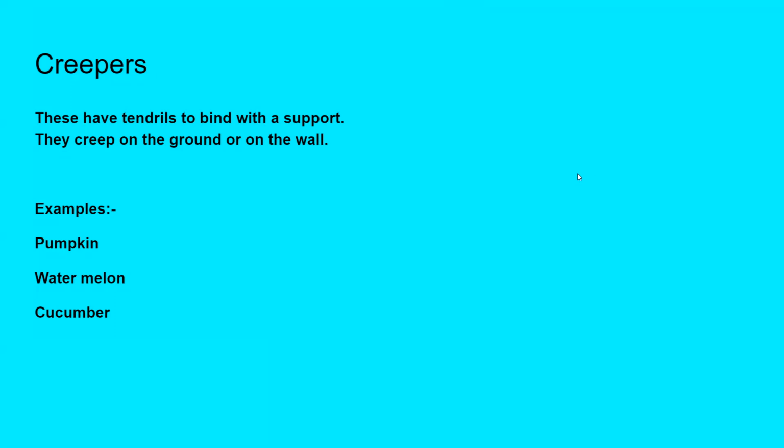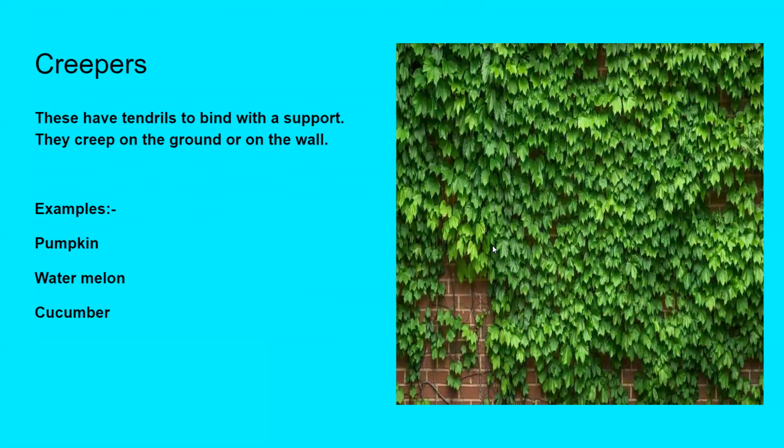The examples are pumpkin, watermelon, and cucumber. These are the examples of the creepers. Look here, this plant is climbing along the wall with the help of the wall. They are going up. These are called creepers.